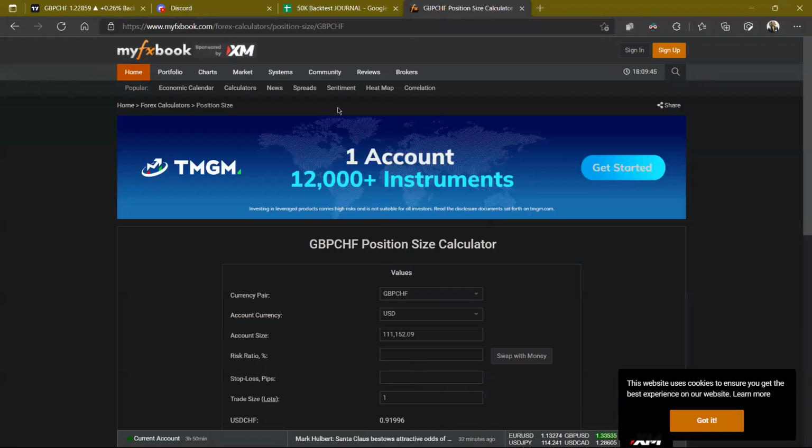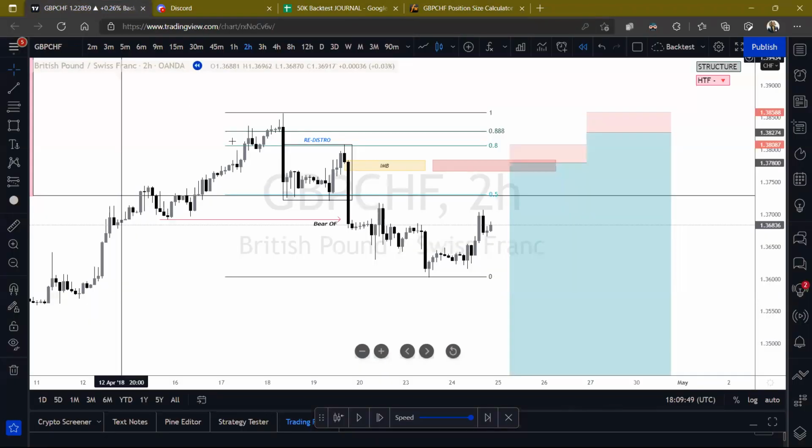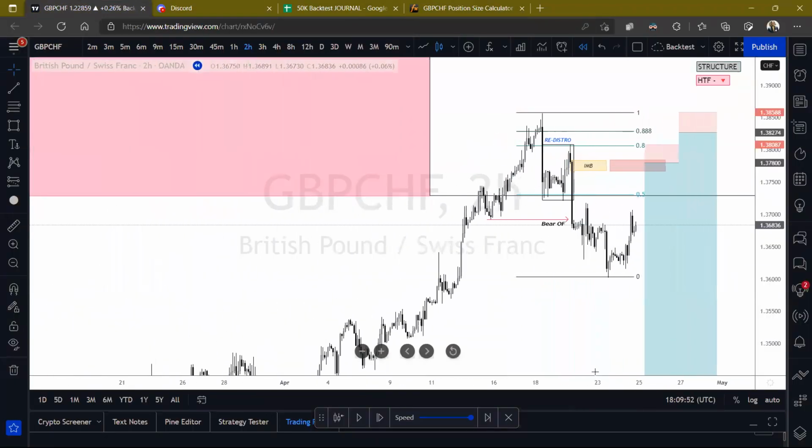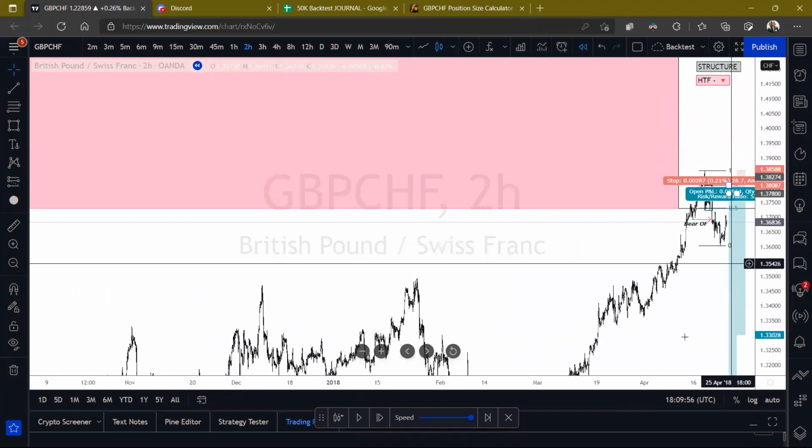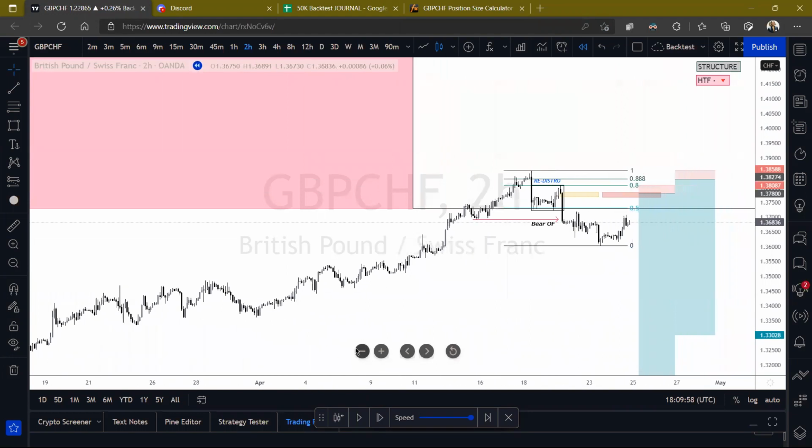Resize. So we are currently trading in our SC. We've got a bearish order flow. We don't have a clean distribution.